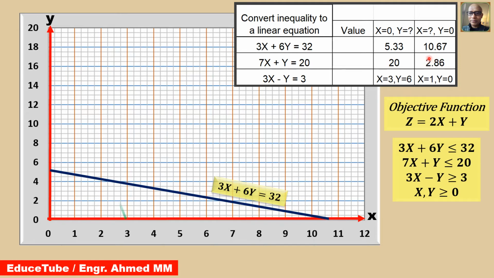So I am drawing the line through this point 2.86, 0, and this is x value 0, y value 20. So this is our line. So we got two lines. If we were given only these two lines, of course our feasible region will be this.